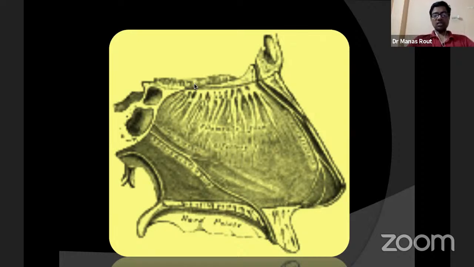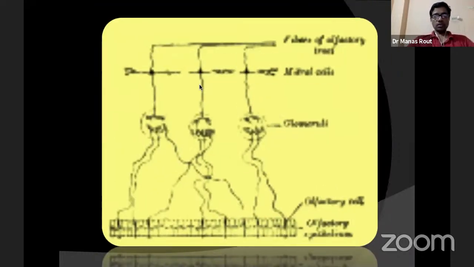Now inside the intracranial cavity there is the olfactory bulb. You can see this is inside the intracranial cavity. This axon comes, and here it forms the glomeruli, and this is called the olfactory bulb. And these are the mitral cells, the second order cells. The first order neuron synapses with the second order neuron at the glomeruli of the olfactory bulb.